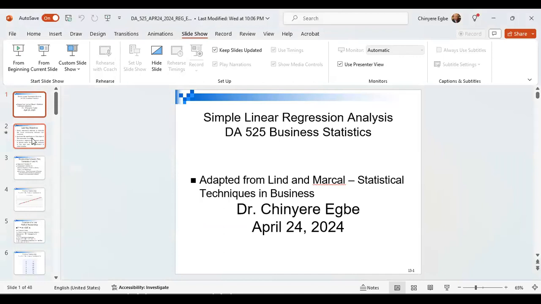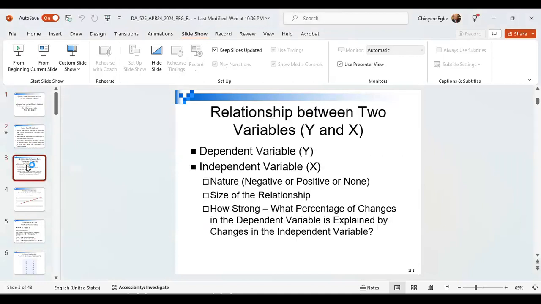Like we said, in simple regression analysis, we are talking about the relationship between two variables. We'll call the two variables y and x. y is the dependent variable, and x is the independent variable. For example, how much does a family spend on food?